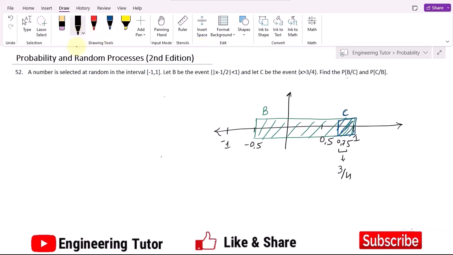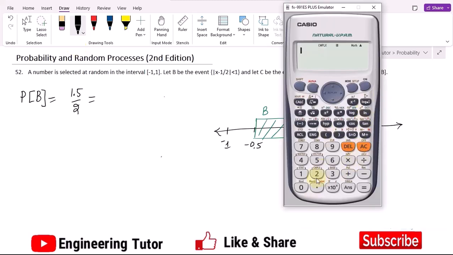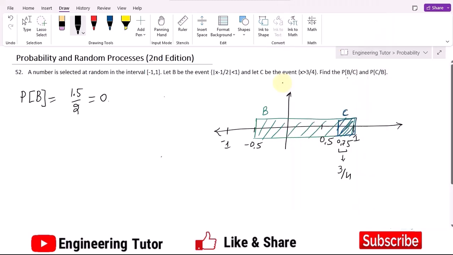We have also seen that the probability of B was 1.5 divided by 2. How much was 1.5 divided by 2? It was 0.75.